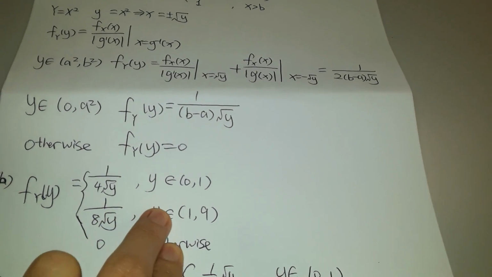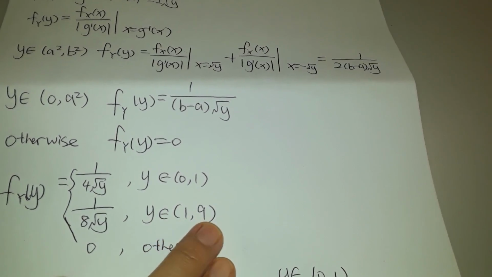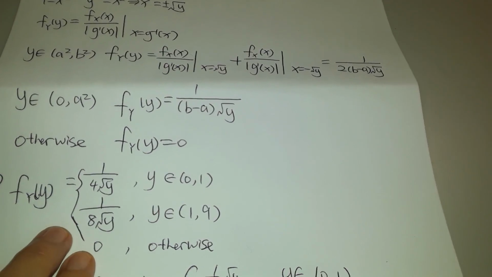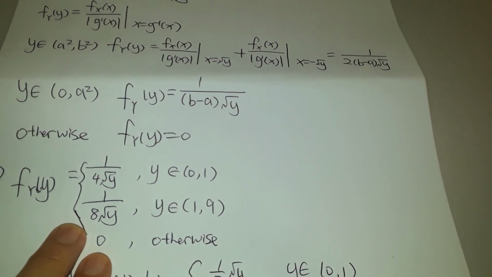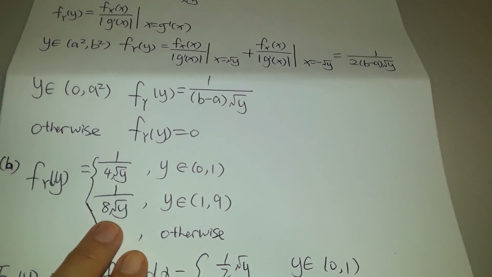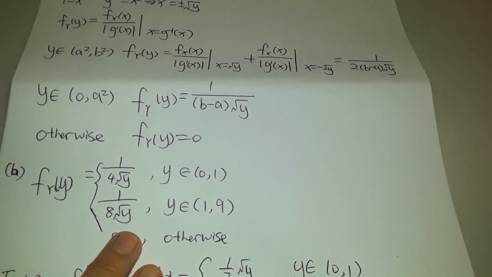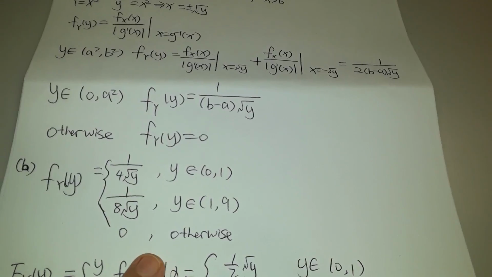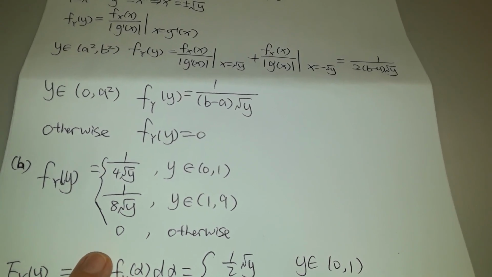And if y is ranging from 1 to 9, the density function f_Y(y) equals 1 divided by 8 times square root of y. Otherwise, the density function is 0.